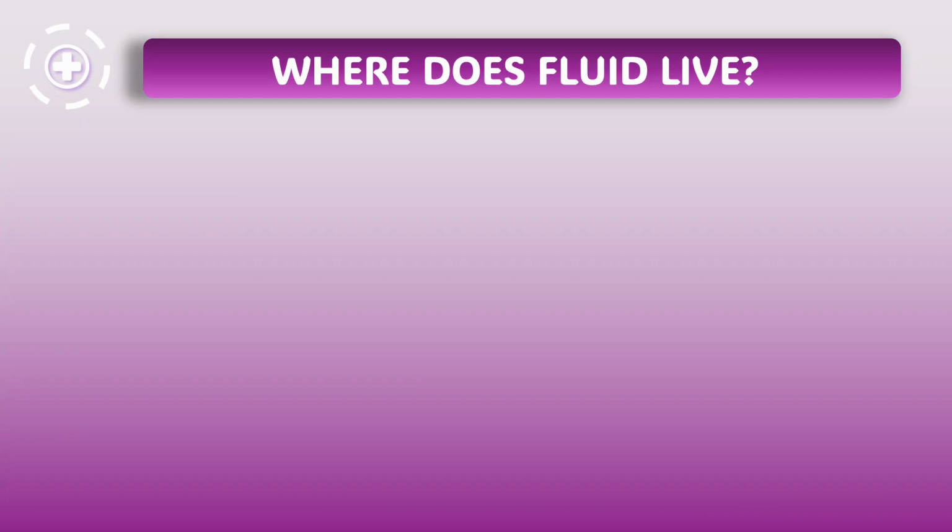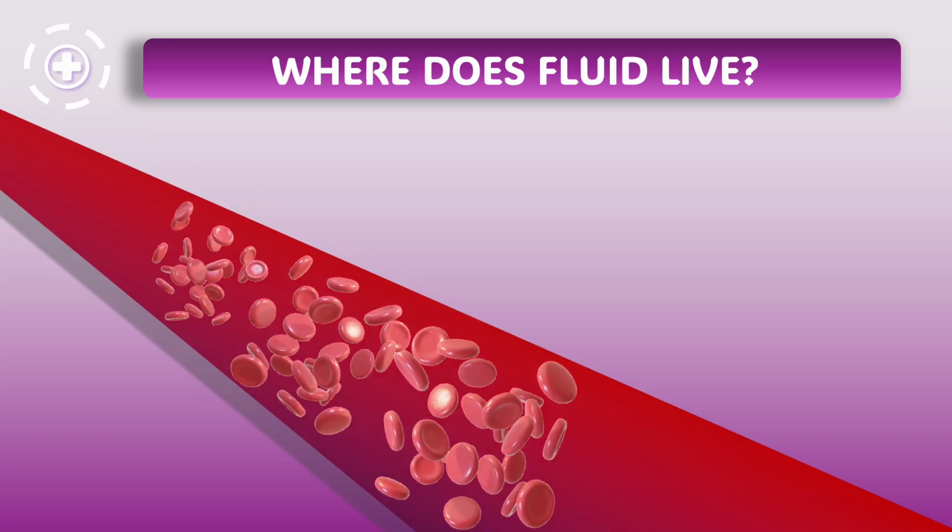Now let's talk about where fluid lives in the body. Fluid isn't just floating around randomly, it's specifically distributed into compartments. Throughout the body, there are blood vessels. These blood vessels carry red blood cells and oxygen to every leg, arm, toe, finger, and organ.